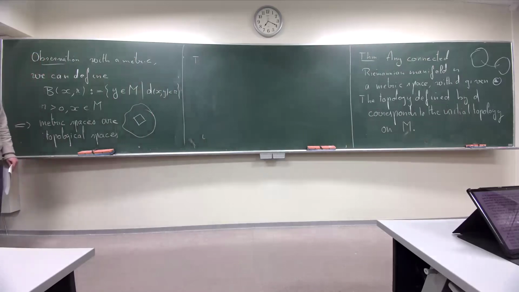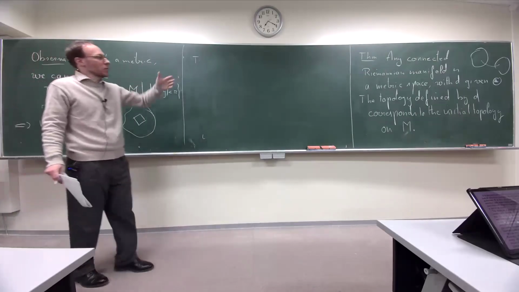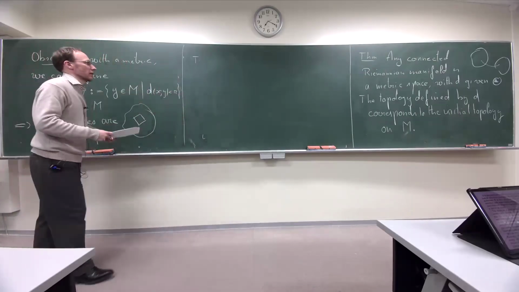So the good point with Riemannian manifolds is we have this notion of length. And with this notion of length, we define a metric, and metric spaces are good because you can measure the distance.